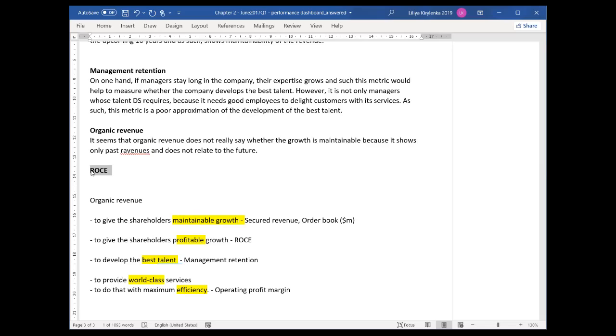Dysfunctional means that if managers reach that target based on return on capital employed, it will not always be for the good of the company. For example, if I want to get the set return on capital employed, then I will not buy new machinery. Because if I do buy new machinery, it will be more expensive.